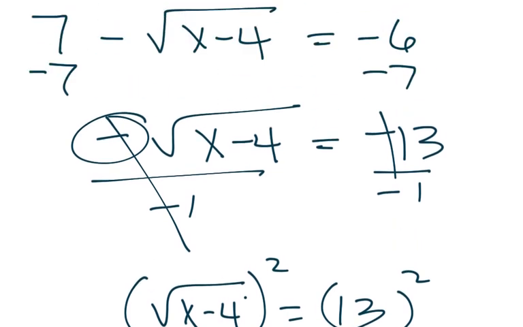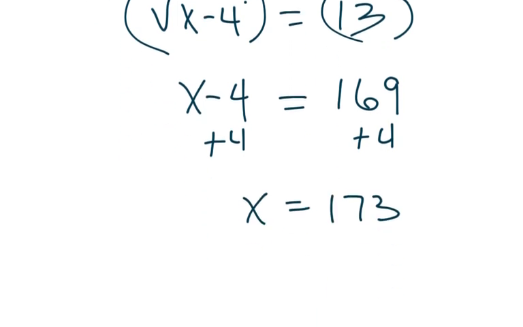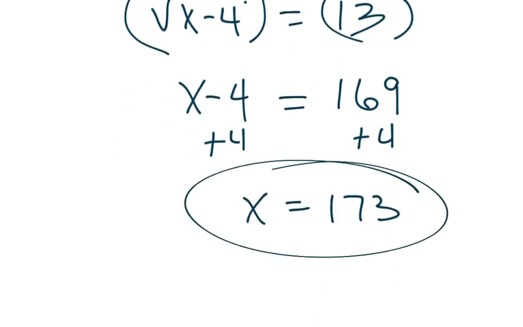And if we check this out, if we put the 173 here, that's the 169. What's the square root of 169? Well, it's 13. 7 minus 13 is negative 6. It works. It checks out. When we start to use squaring to solve equations, it is imperative that we check our answer, okay?